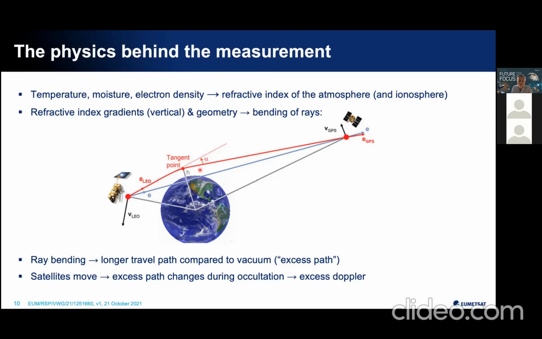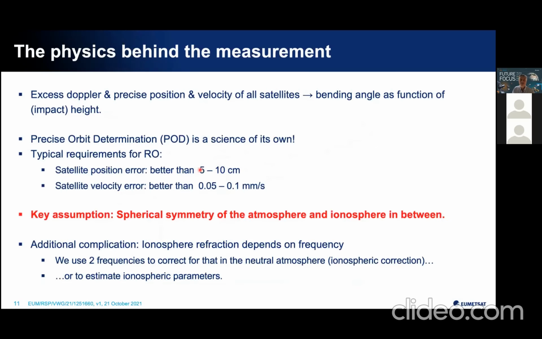We call that the excess Doppler. And that, it turns out, is the interesting quantity we are interested in. Because if you know the excess Doppler, and if you know the positions and the velocities of the two satellites being involved in this occultation measurement, then we can calculate from mostly geometrical considerations how large that bending angle is. And that is precisely what we are doing.